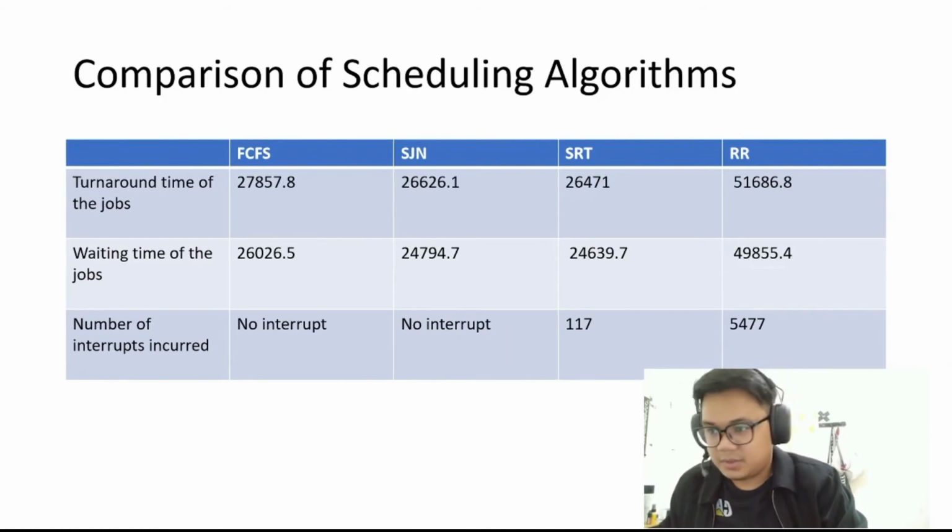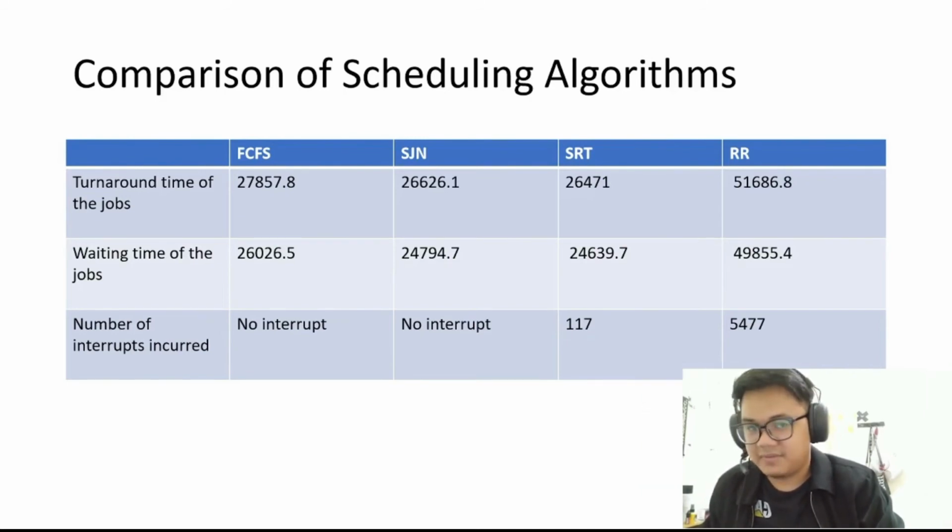The waiting time for FCFS is 26,026.5, SJN has 24,794.7, SRT has 24,639.7, RR has 49,855.4. For interrupts incurred, FCFS and SJN have none, while SRT has 117 and RR has 5,477.